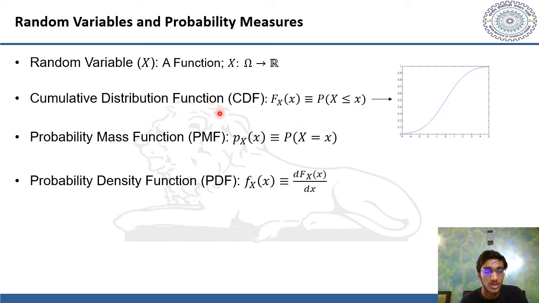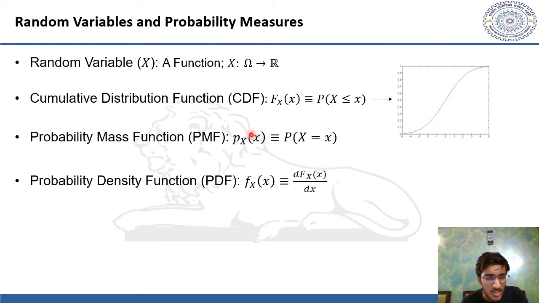So this cumulative distribution function is essentially a continuous smooth function in the case of continuous variables generally. However, in the case of discrete random variables, it assumes the form of a staircase.